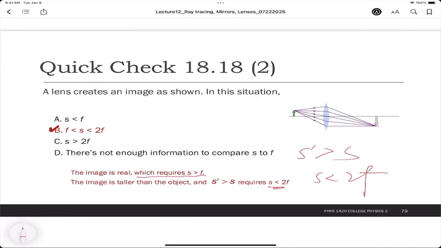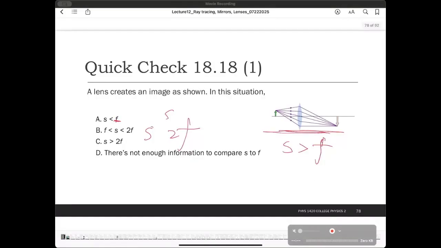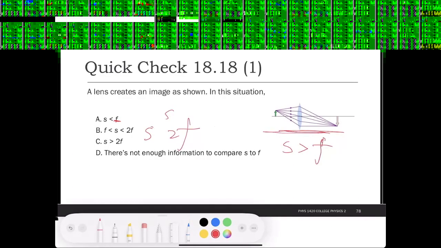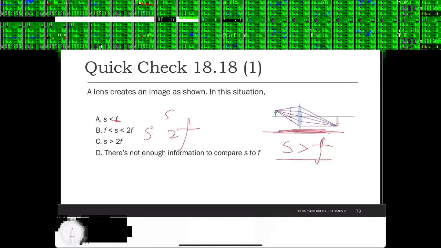Because if S is greater than 2f, S should still be greater than f, otherwise this situation would not hold. But how can we tell S is smaller than 2f?